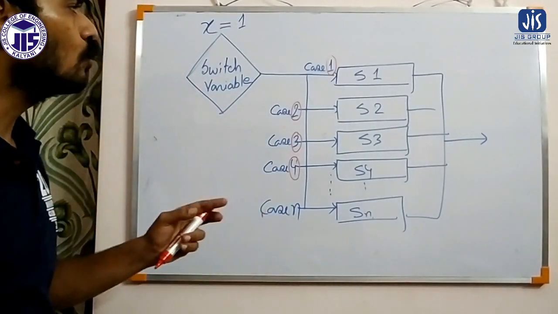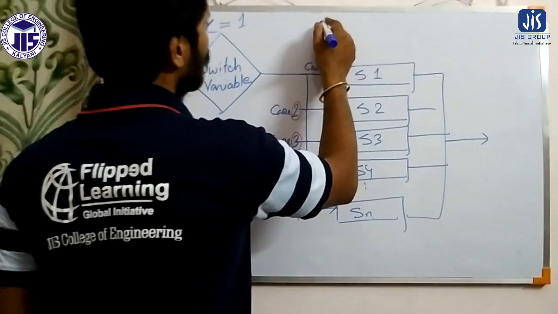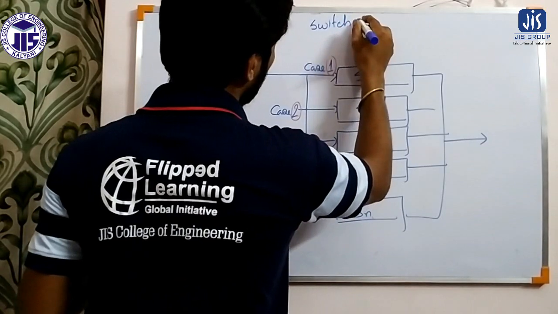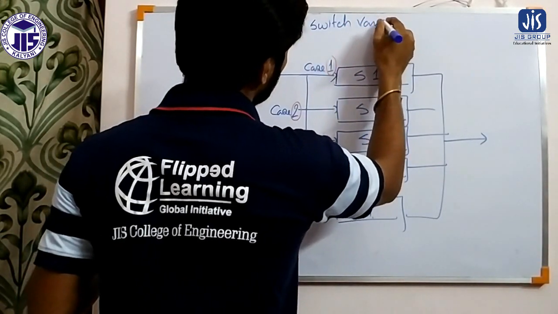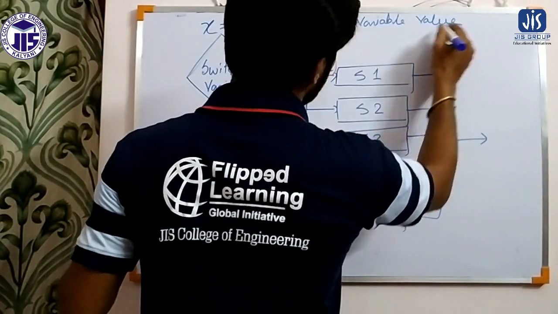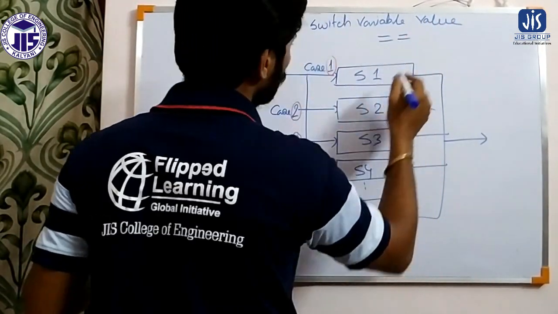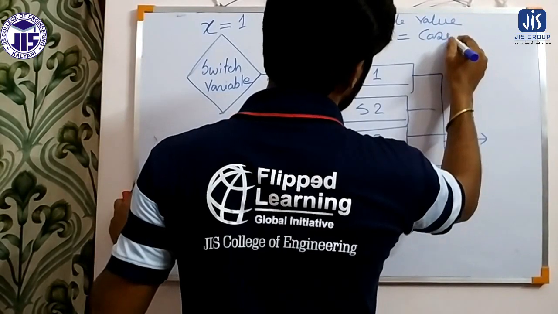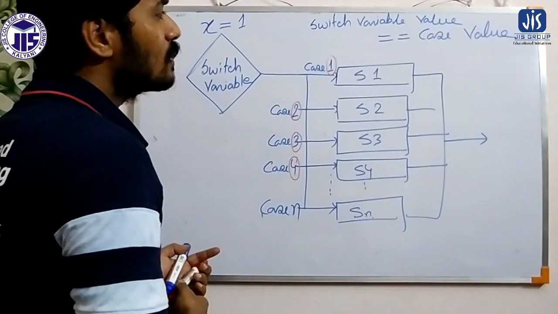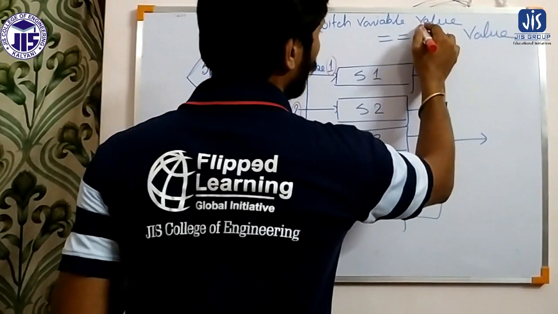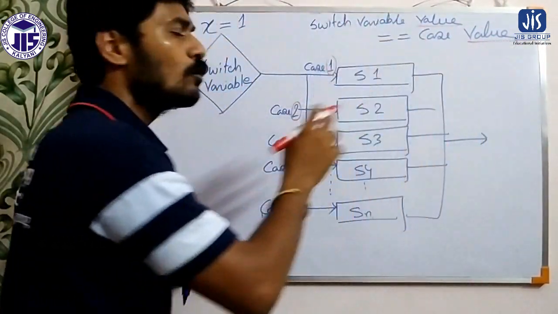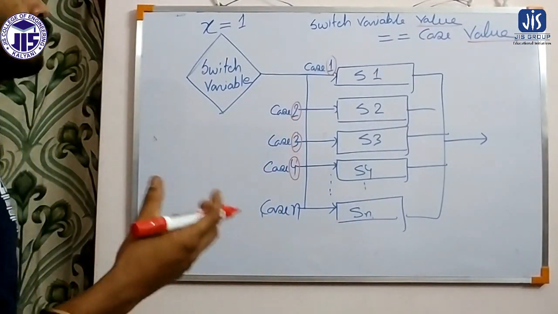So what will it do? It will check whether the switch variable value is equal to the case value or not. So it will compare two values, it will match two values.